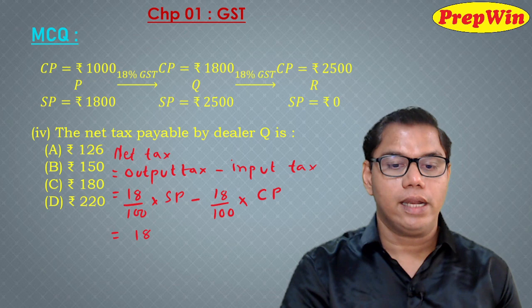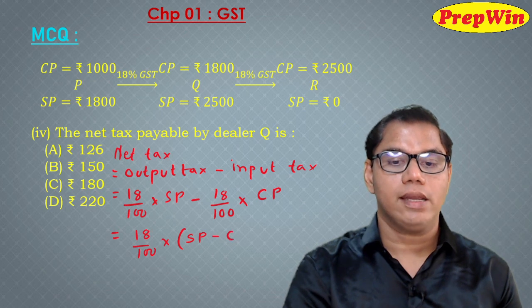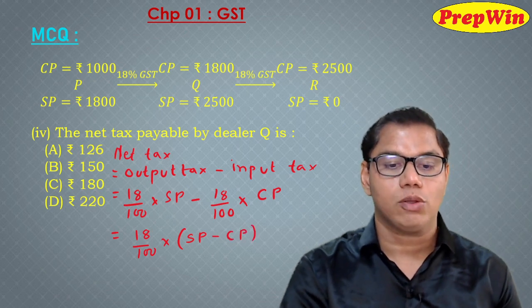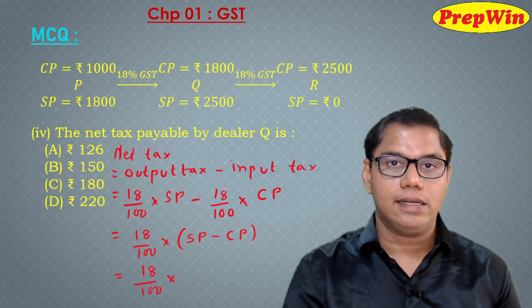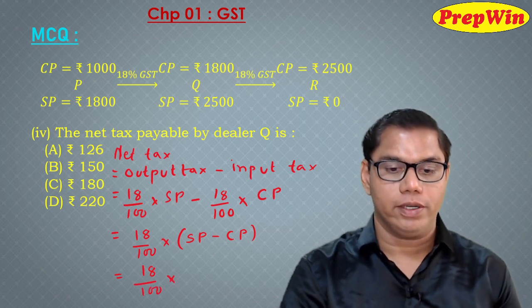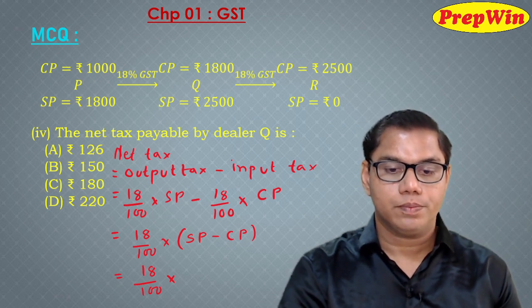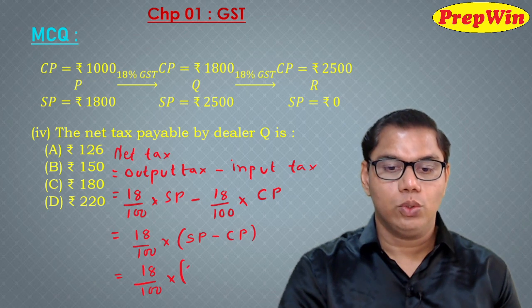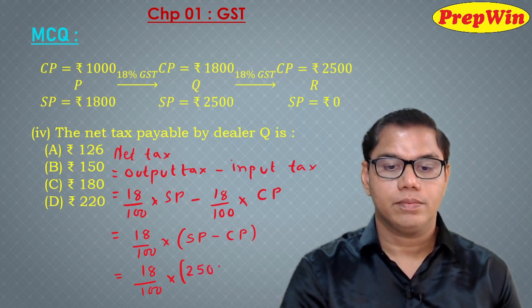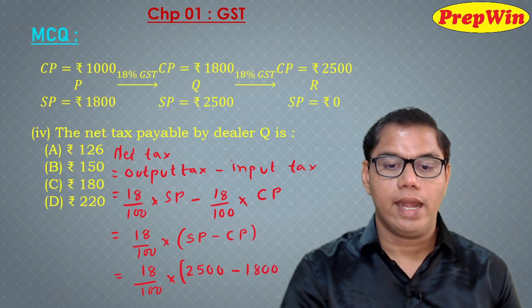So here 18 upon 100 is taken out common. So what is left is selling price minus cost price. Selling price minus cost price means profit. So we can say that net tax is paid on profit. So 18 upon 100 into selling price, which is 2500, minus cost price, which is 1800.